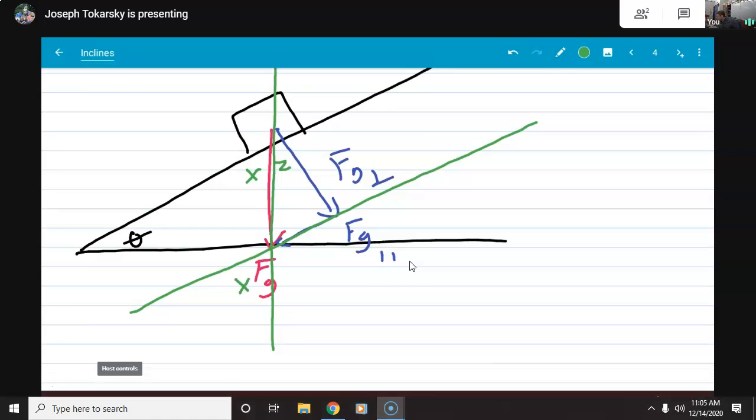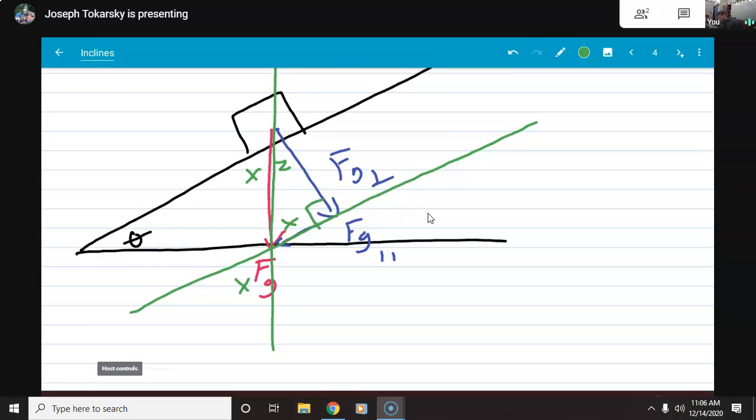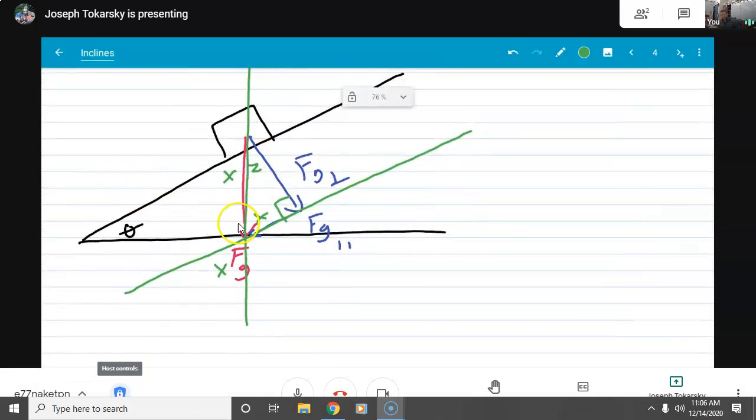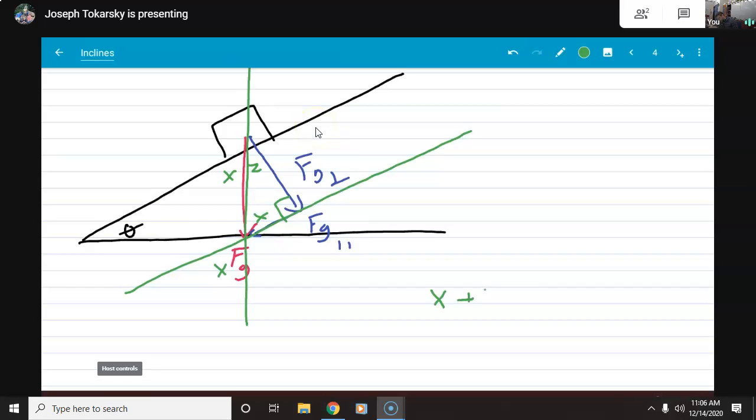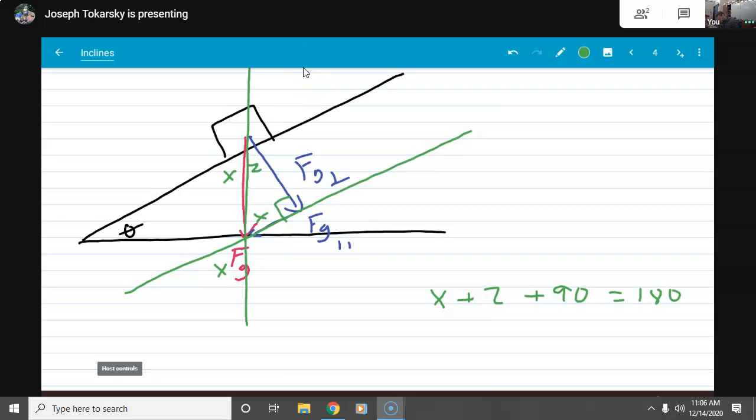And due to opposite angles theorem, if this is angle X, this is angle X. And if this is truly drawn head to tail in this triangle I made, perpendicular and parallel components, that would be 90 degrees. So I could write a formula for this triangle because all triangles add up to 180 degrees. I could say angle X plus angle Z plus 90 degrees, again I'm getting all that from this triangle right here, is equal to 180 degrees.